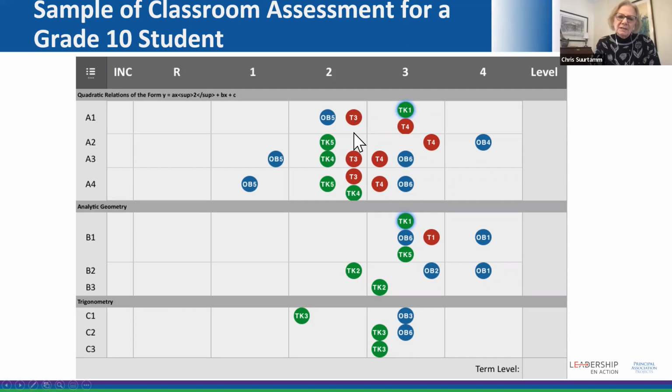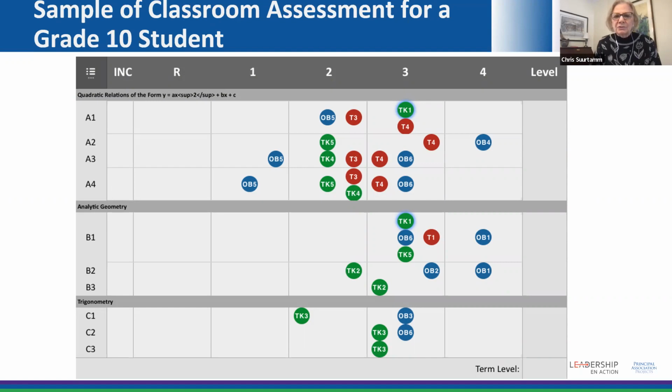And so a couple of things I want you to notice. One might be that, for instance, OB5, a particular observation, and by the way, the teacher also has formative assessment. So these are things that the teacher has recorded. They perhaps were a bit more formal. Observation 5, we see actually, I'll say, hit 3 different overall expectations. So the teacher gathered evidence. And also, although what you're seeing is static, when the teacher clicks on these dots in the live one, the teacher gets all of her notes.